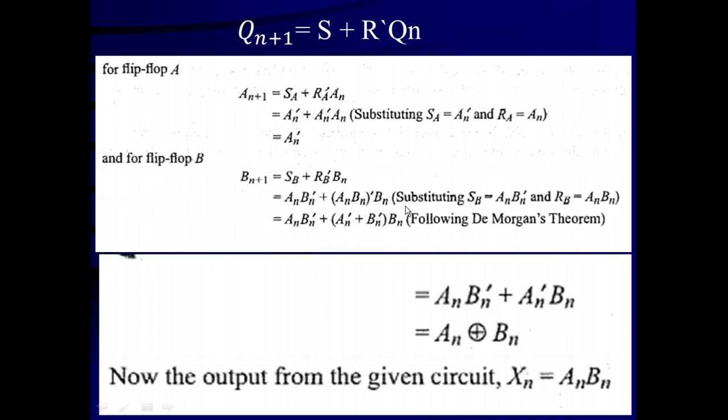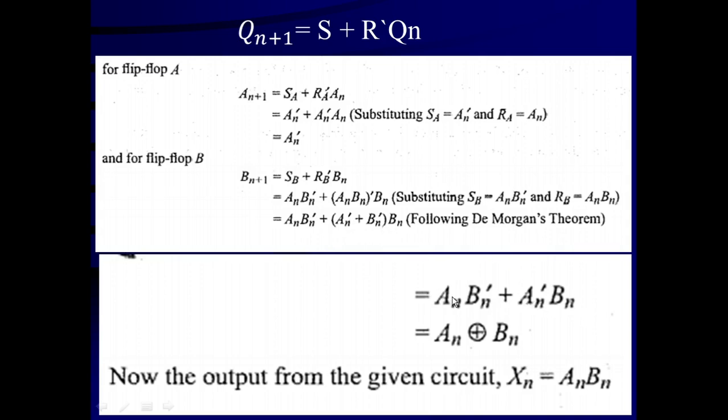Now we can utilize the distributive law. That means An dash Bn will be the first term and Bn dash Bn will be the second term. Bn dash Bn, that second term, is going to be 0 like the previous one, as any variable combined with its complement always results in 0. So we get Bn plus 1 equal to An Bn dash, the first term, plus An dash Bn, the second term.